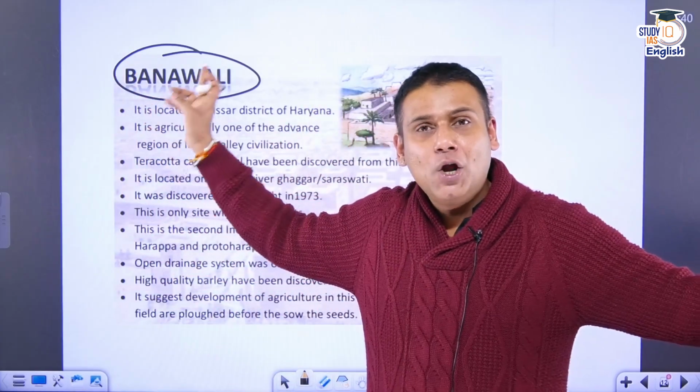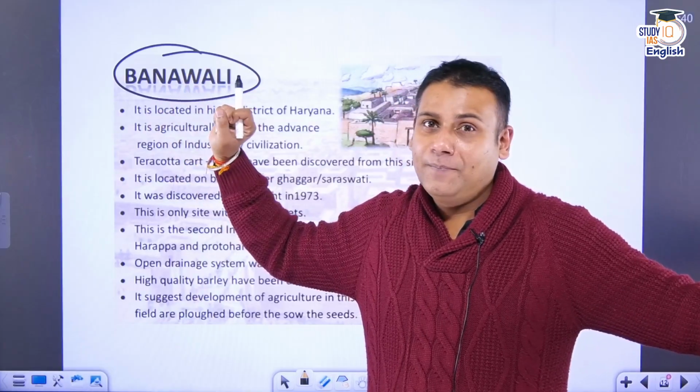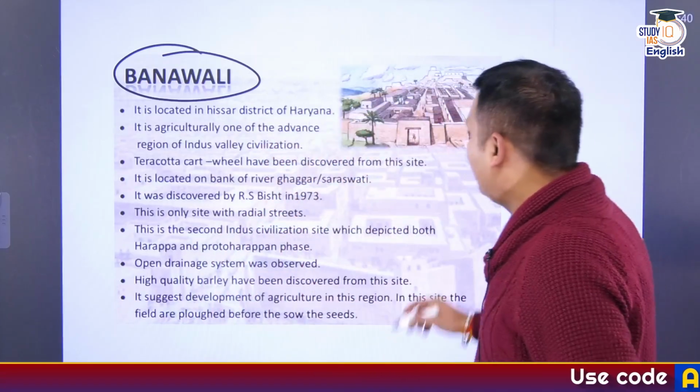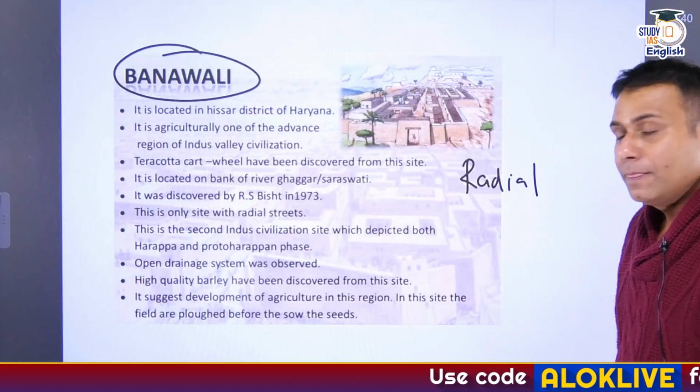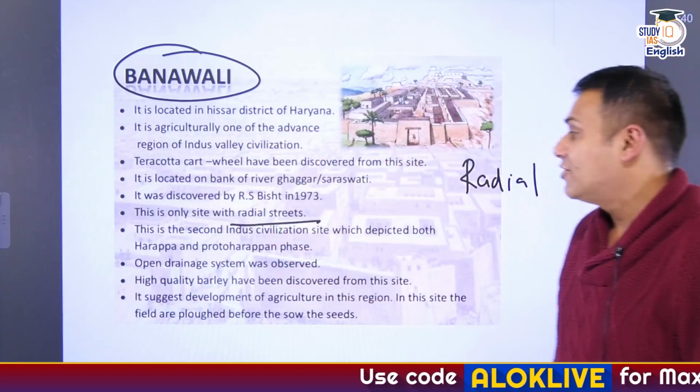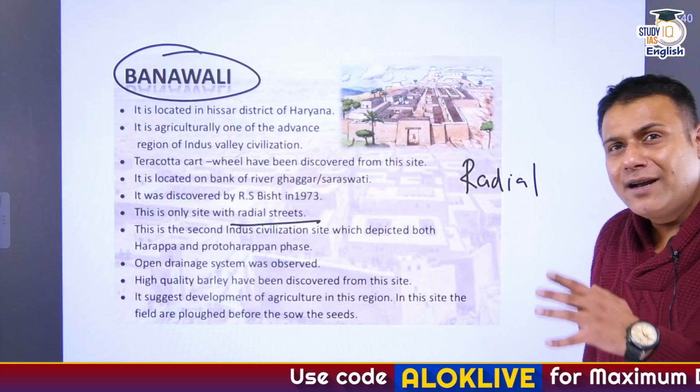One was Kalibangan, located in Rajasthan, and the second one is Banavali, located in Haryana. At the site of Banavali also, the fields were plowed before sowing the seeds. Apart from this, one can observe a radial street pattern at the site of Banavali. Very important thing, a radial street pattern has been observed at the site of Banavali.